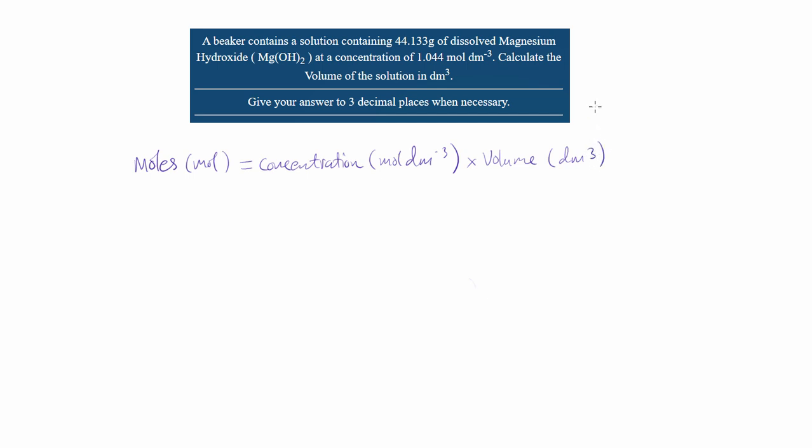Because what we've been asked to work out is the volume, we know that this equation is relevant. But this equation necessitates us figuring out the moles, and we're not given the moles in the question, we're given the mass of the Mg(OH)2.